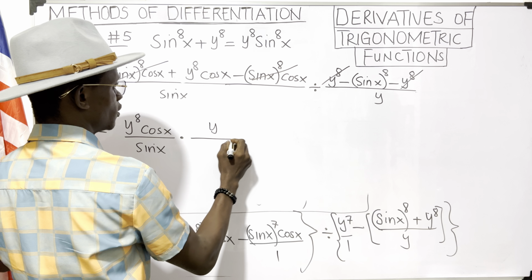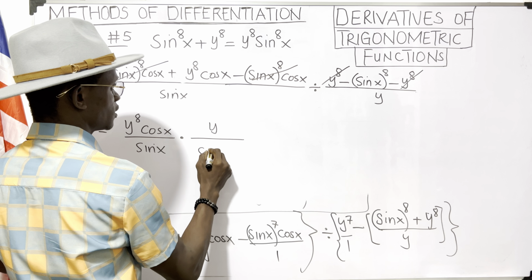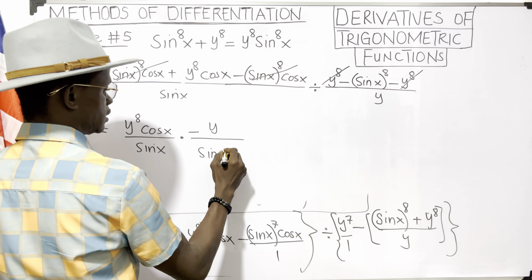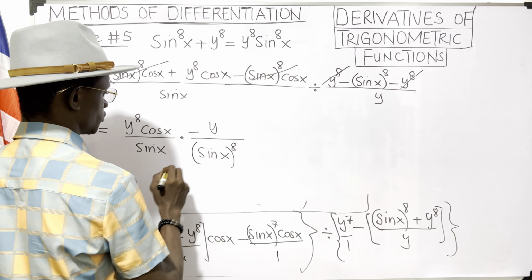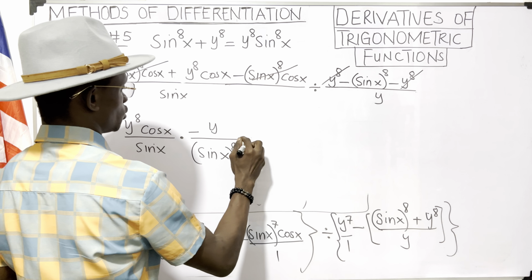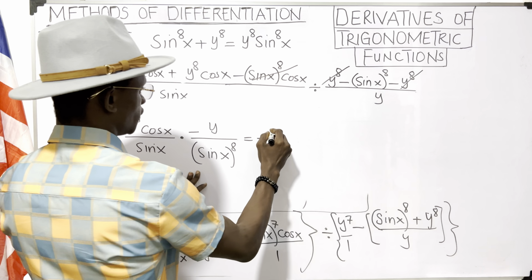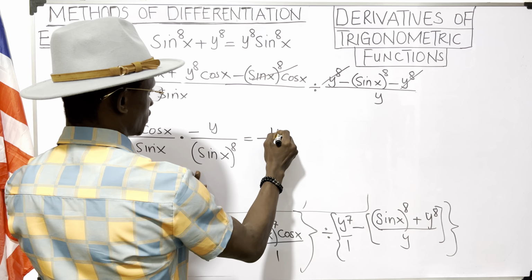We have y all over sine of x. Remember now this is negative. Sine of x all raised to the 8th power. So this is now equal to minus y times y to the 8th is y to the 9th. And then cos of x all over sine of x now is cot of x.